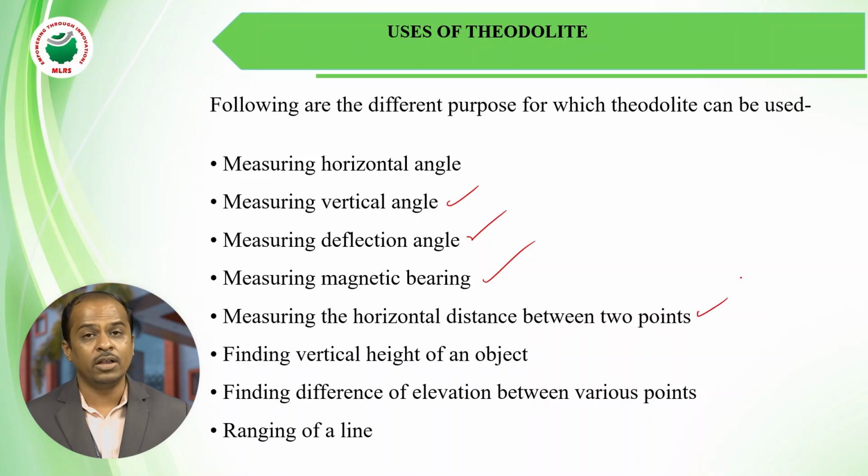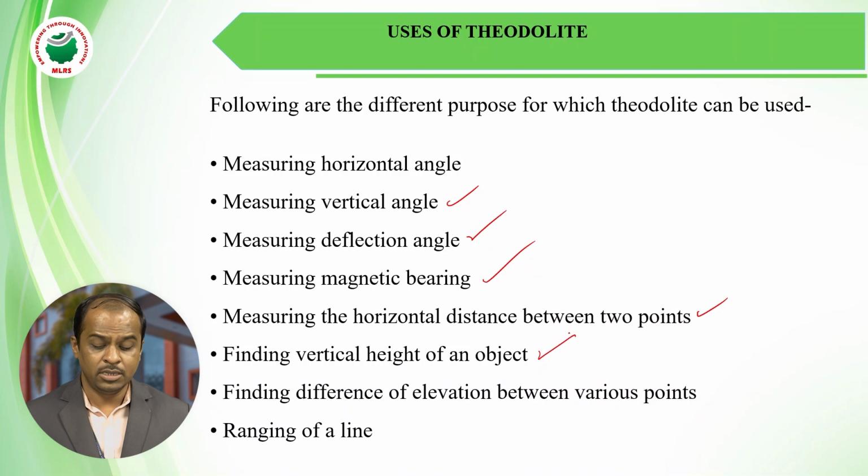Next is finding the vertical height of an object. By the trigonometrical formula and by measuring the vertical angle and the distance between the station and the object, we can calculate the height of the object using the theodolite.